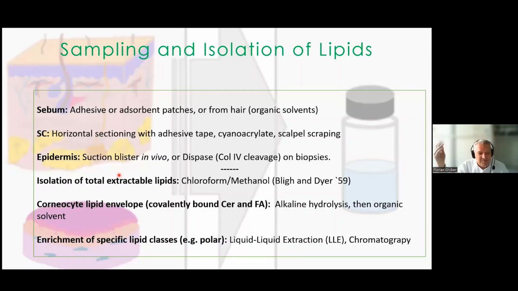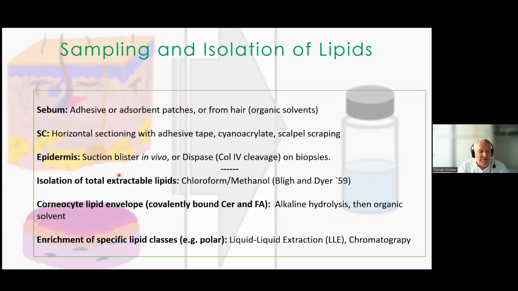If we look a little at the sampling aspect, the first, outermost source, the collection of sebum, is very easy and can be done non-invasively with adhesive tapes or absorbing patches. Sebum lipids can be washed from hairy body sites of men and mice.